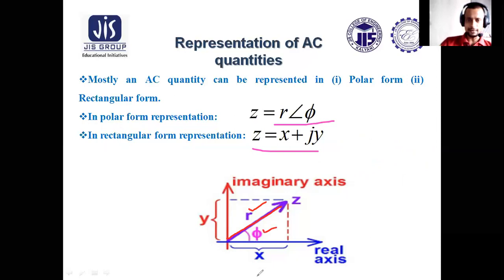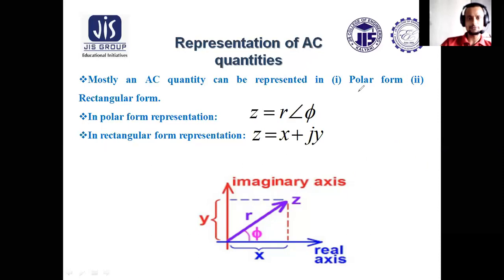Now the same phasor can be resolved into horizontal and vertical components. Horizontal component is x, vertical component is y. So it can also be written as x plus jy. Okay, so here in this slide we have studied that there are 3 forms of representation of an AC quantity: polar, rectangular, and exponential form.